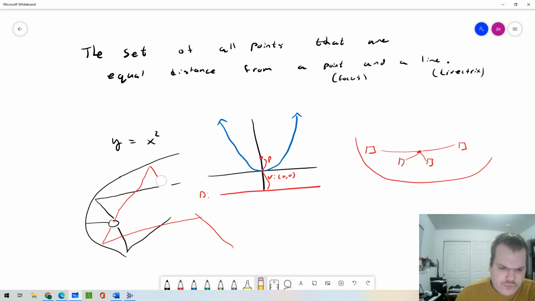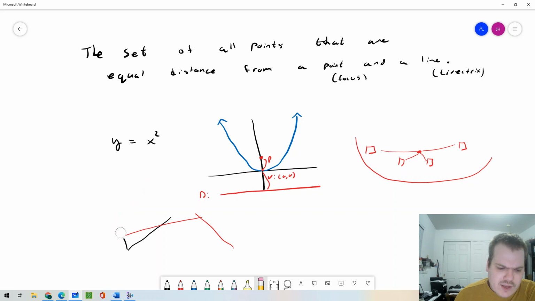So let's now talk about what that is. If my parabola is equidistant to a point and a line, that means I can pick any point on this parabola. So this blue parabola is a set of all points that are on that parabola.